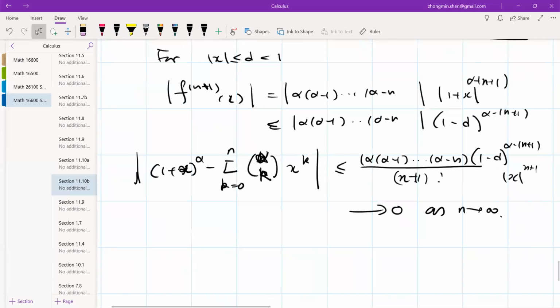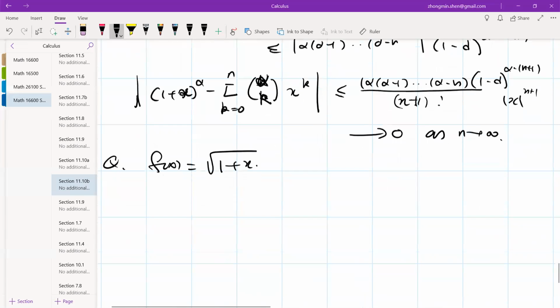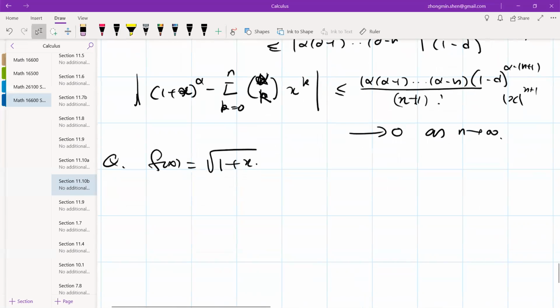Yeah, so we're not going to check this. We just take a look at an example. For example, f(x) is going to be the square root of x. Okay, let's find the power series representation for this.